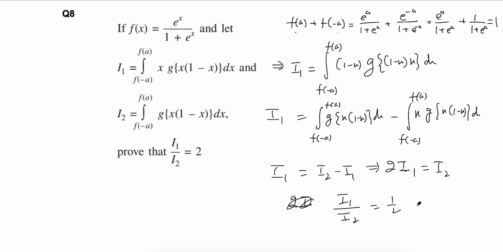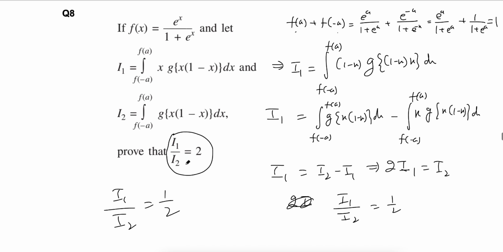Check. I think 1 by 2. Did I do correct or not? I think there is a mistake. I don't know what is given in your worksheet, but it should be 1 by 2. So the answer will be 1 by 2. Are you getting? I1 by I2 is equal to 1 by 2. This will be the answer according to me, if I didn't do any calculation mistake.